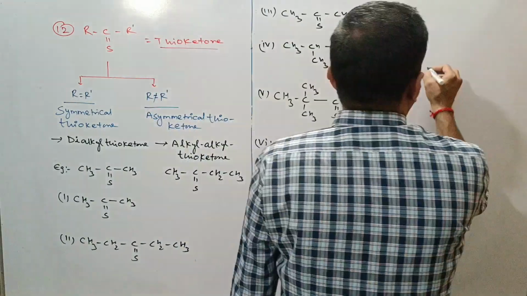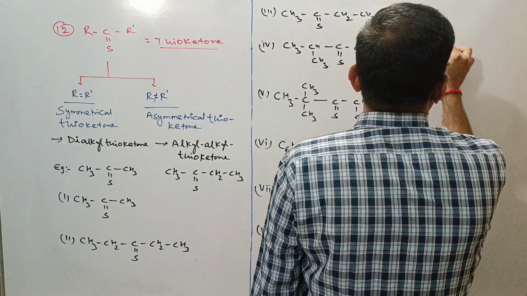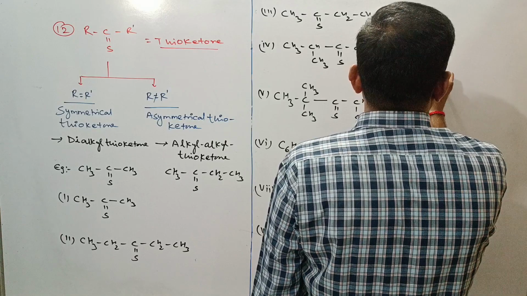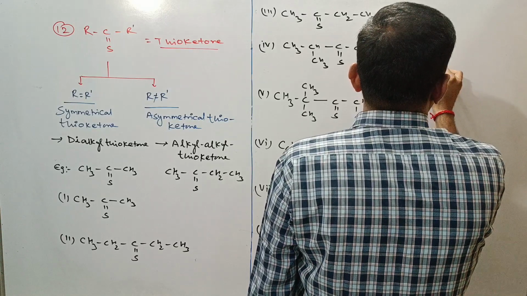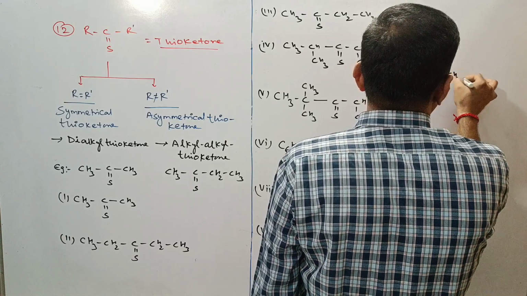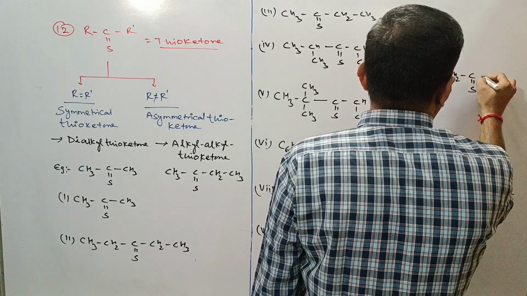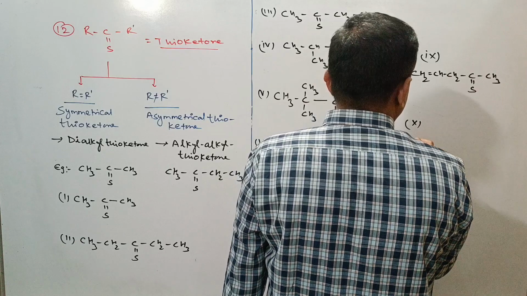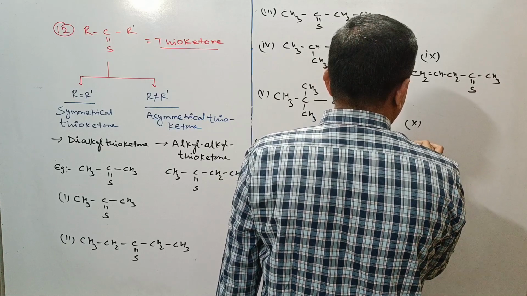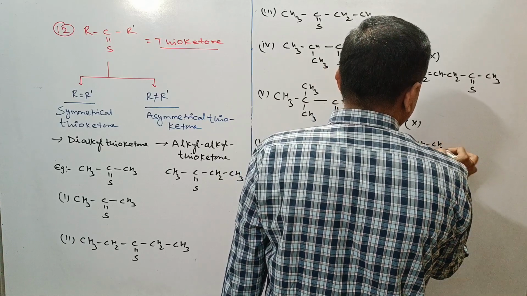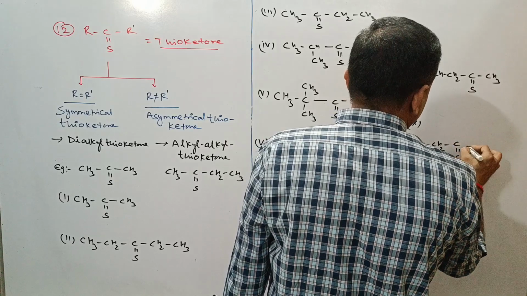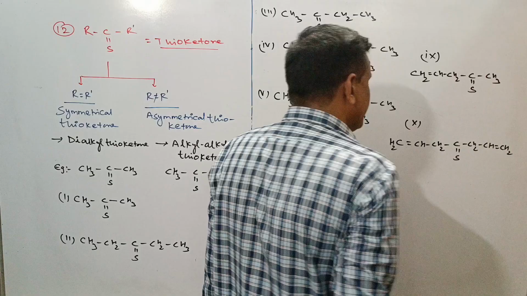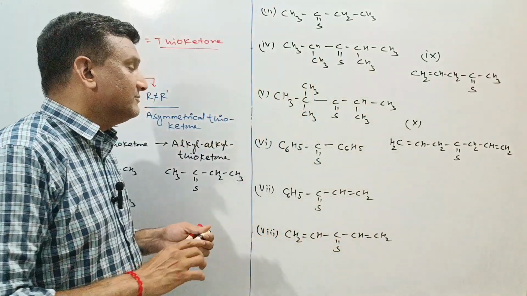This is the ninth compound, the important one, CH2 double bond CH, C double bond S, CH3. This is the 10th compound, CH2 double bond CH, CH2, C double bond S, CH2, CH double bond CH2. These were the important compounds.